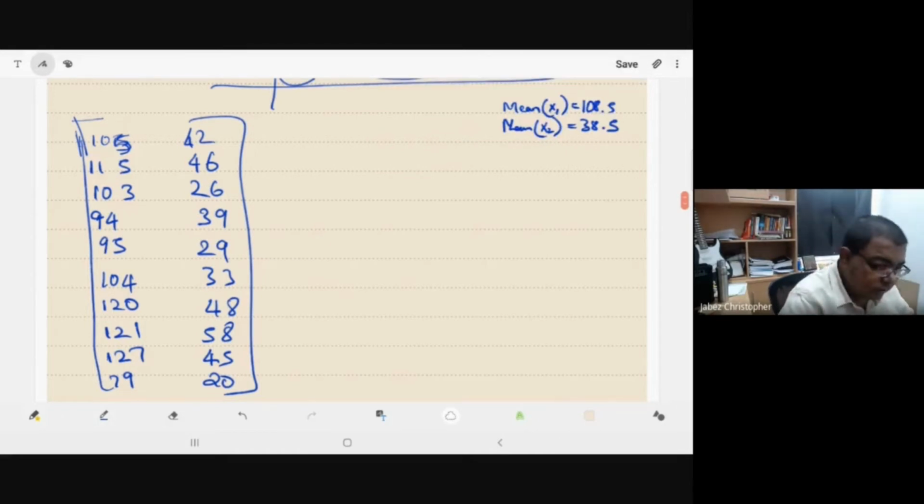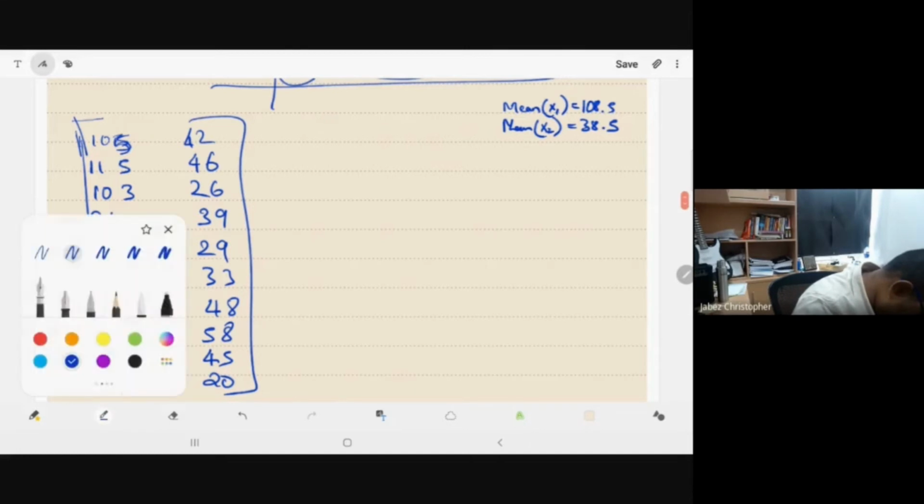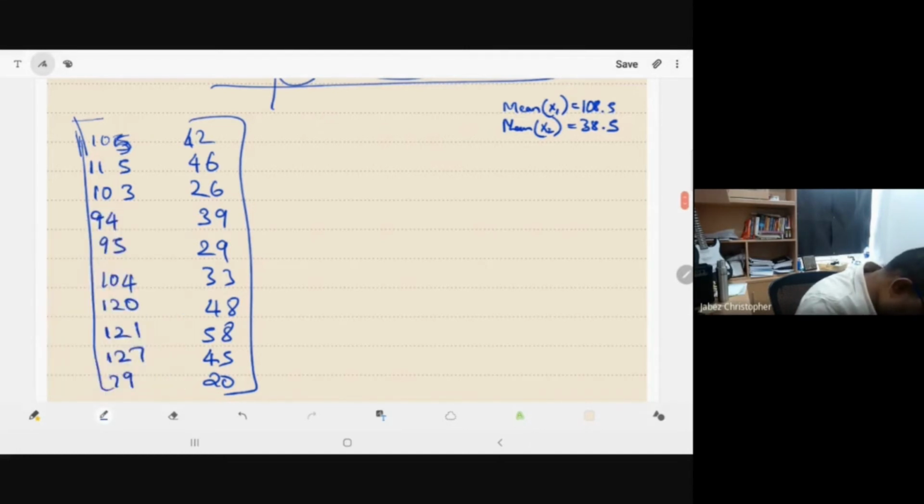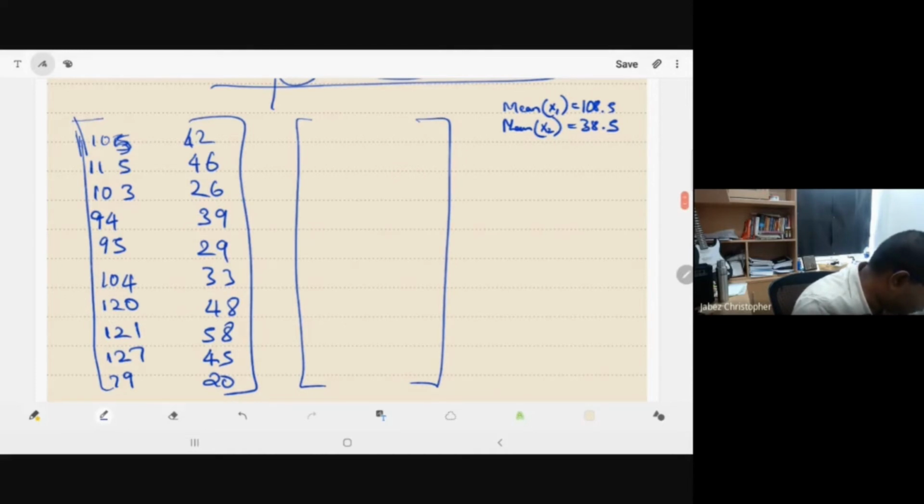So can you do that? 105 minus 108.5, I'm going to get minus 3.5, 8.7, minus 3.8, minus 12.3.